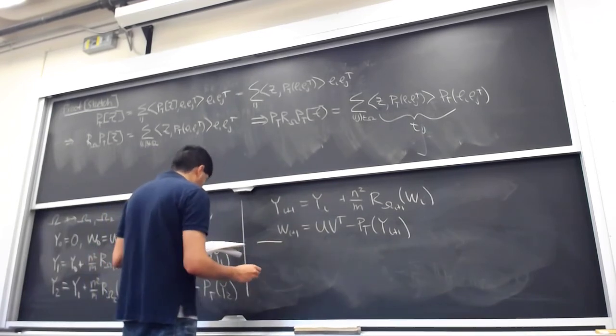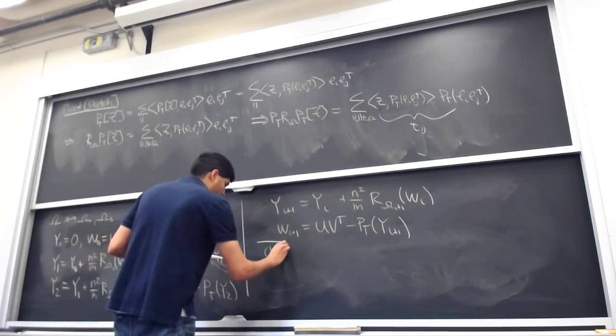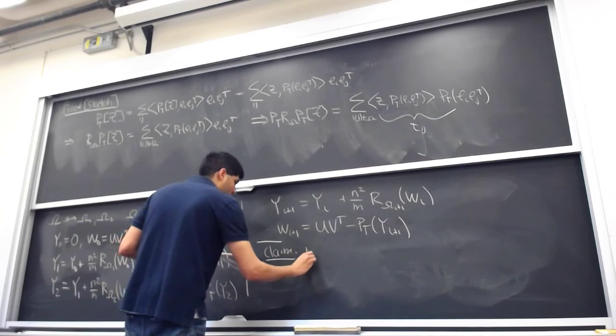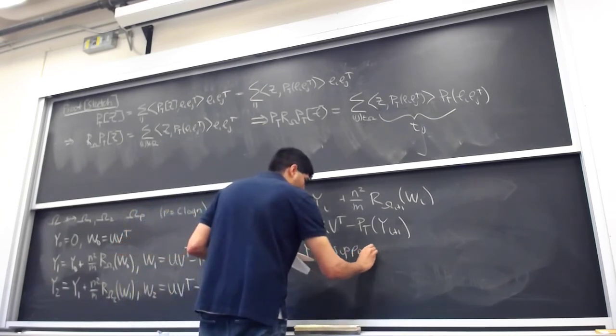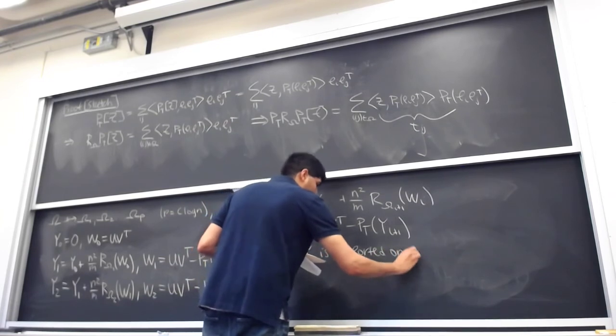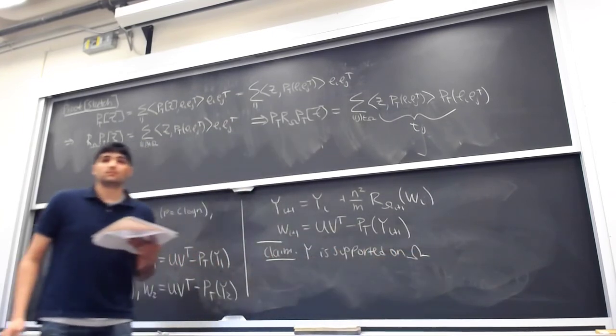Now there are a few simple things. So first of all, the first claim is just that y is supported on omega. Why is that?